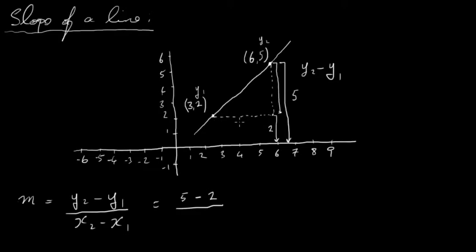Now what about this value here then? The x2 minus x1 is the difference of our x values. So this distance here is going to be the difference between this x value and this x value here. We'll call this our second x value, which is x2, and this value here is going to be x1. So 3 is our first x value, 6 is our second x value, x2.